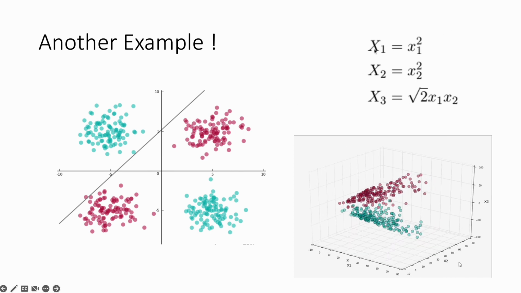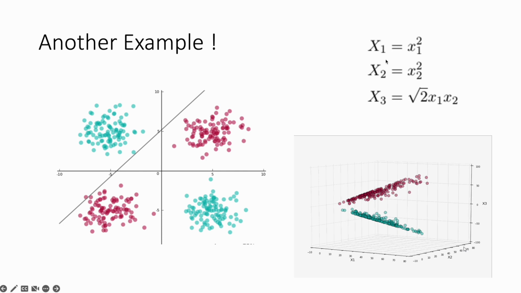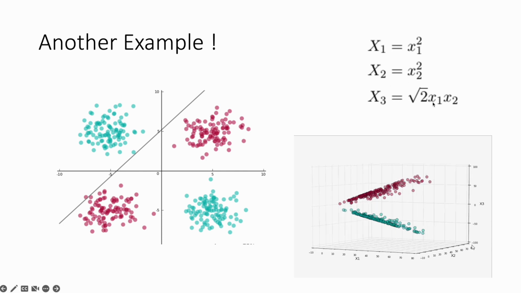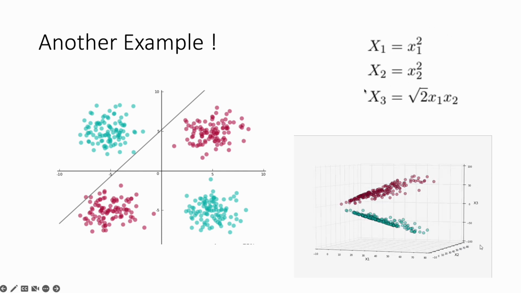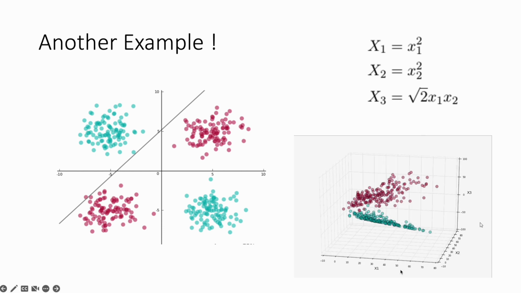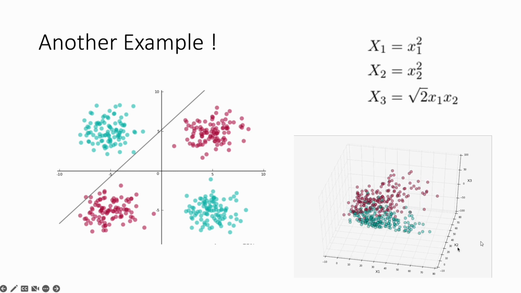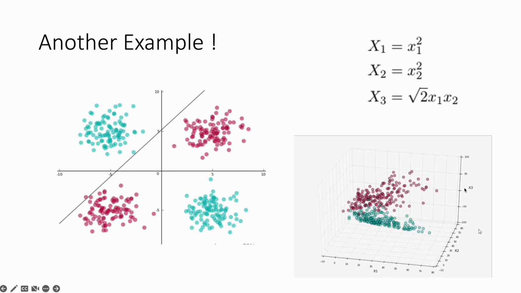So my new X1, capital X1, will be small x1 squared. I'm creating 3 new features out of 2 features with this mapping, and then I'm plotting it over here. So friends, can you see my X1, X2 and X3 new features over here?